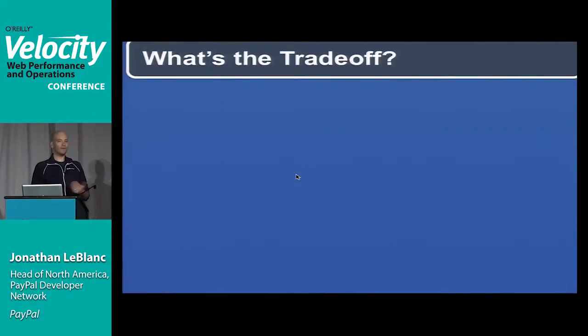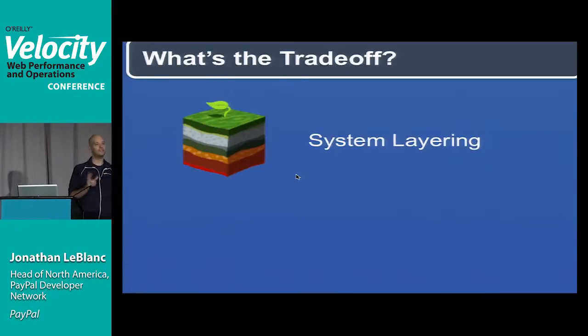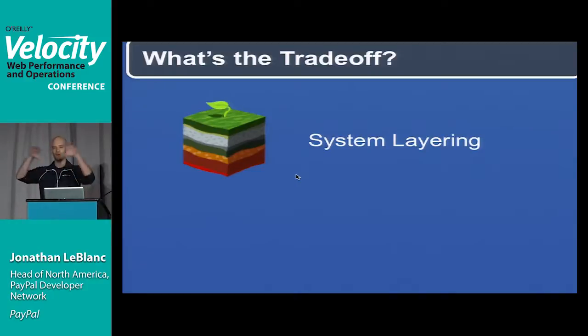So when we're looking at a RESTful-based architecture, there's definitely a couple of trade-offs that we're working with. Again, sliders back and forth. You have to be aware of the things that you're going to be working with. So one of the typical reasons for perceived latency within a RESTful-based architecture is the aspect of system layering. Now, system layering is going to give you a way of separating out concerns.